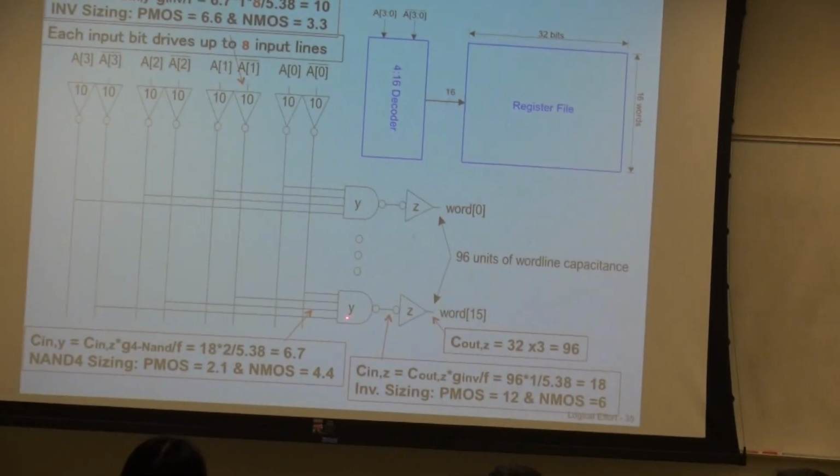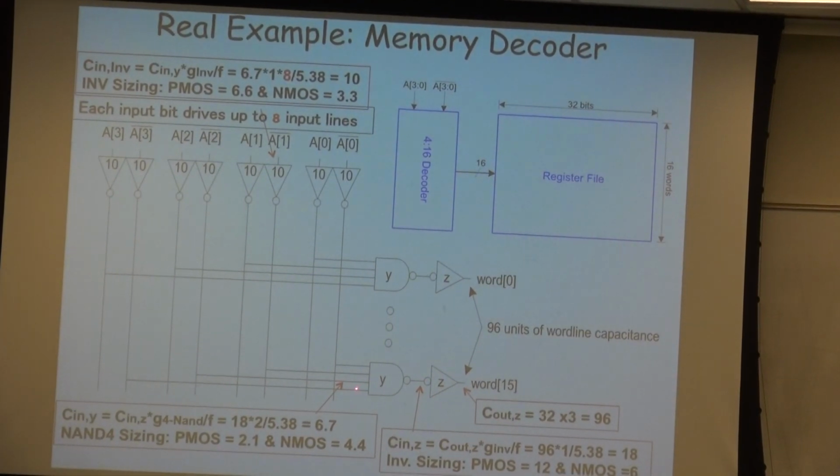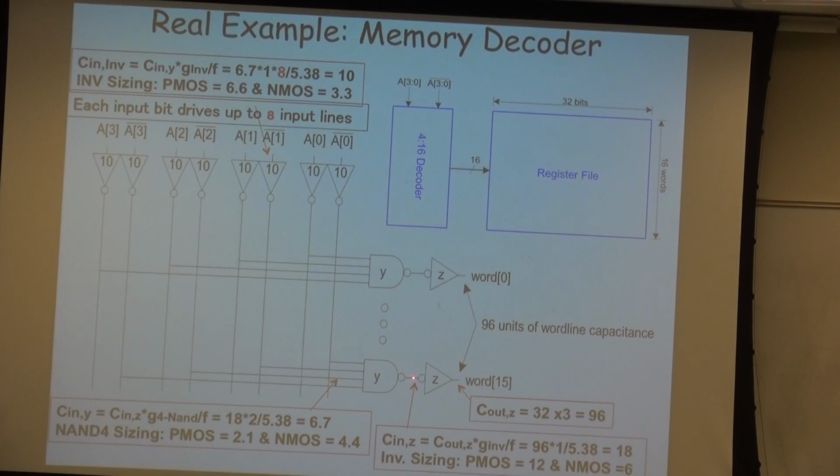Now we know that in the case of a 4-input NAND gate, the NMOS transistors are 4N and PMOS transistors are 2N. So the NMOS transistor will be 4.4 and PMOS transistor will be 2.1. Together, they will provide the capacitance 6.7. So this is how you size the transistors of the different gates.